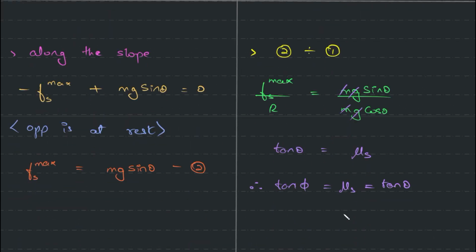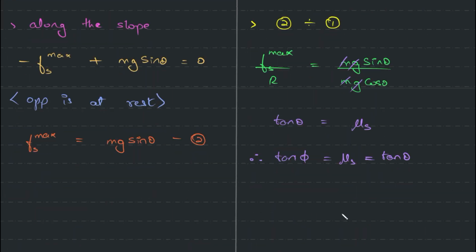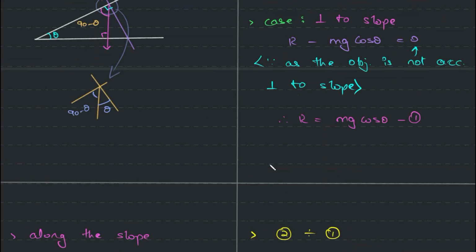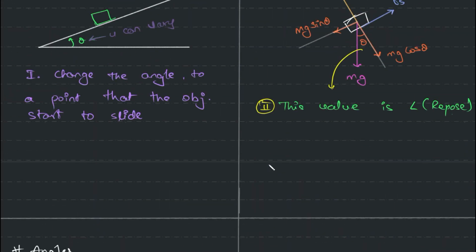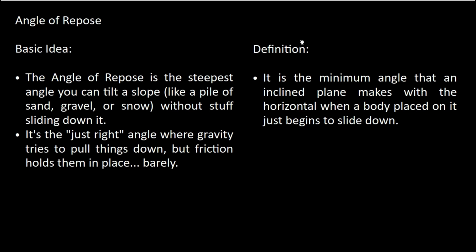A bit of rearrangement, and you have two equations. If I divide them, we get mu s. And that's that. At the end of it, we come back to the coefficient of static friction itself. Okay, so I hope you are able to combine all these concepts and visualize it, interlink it.